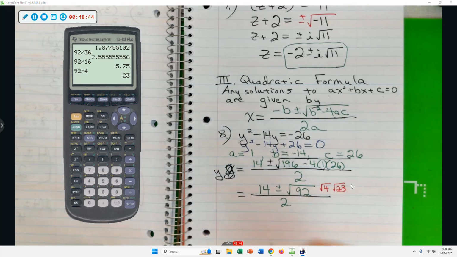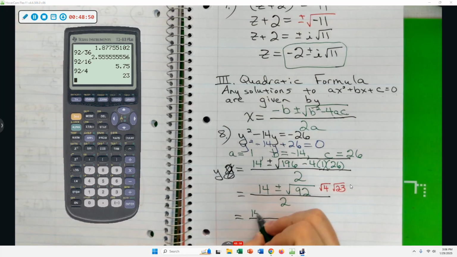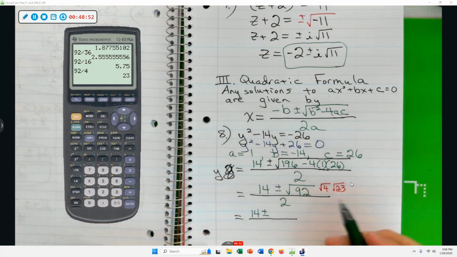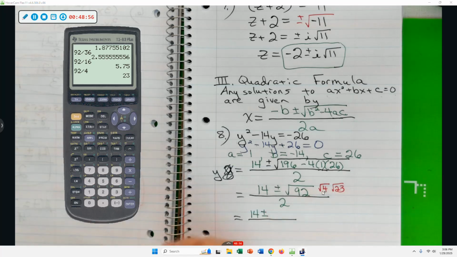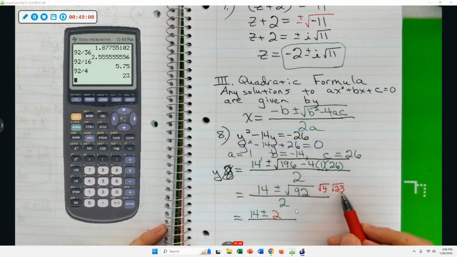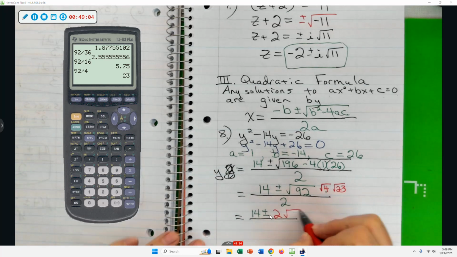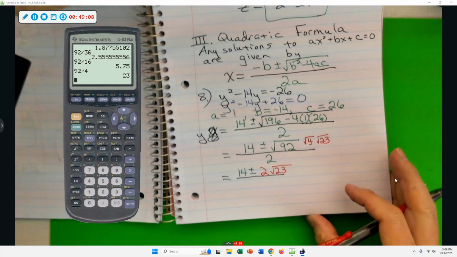So we have 14 plus or minus. What are we going to do with that red square root of 4? We're going to make that a 2. And what are we going to do with the square root of 23? Leave it. Move it up.